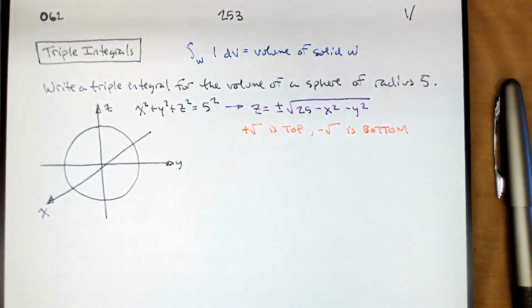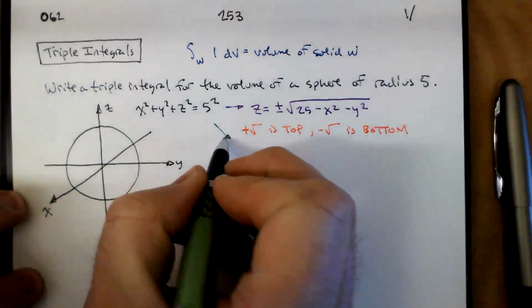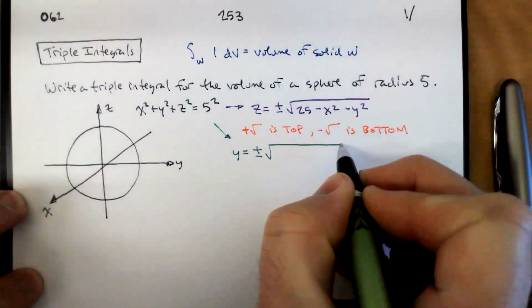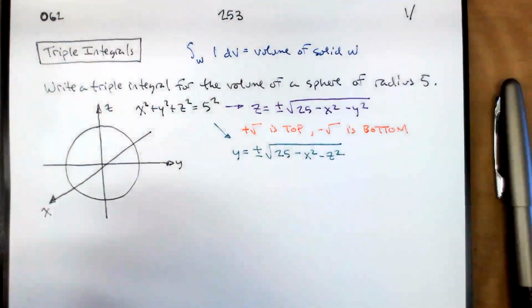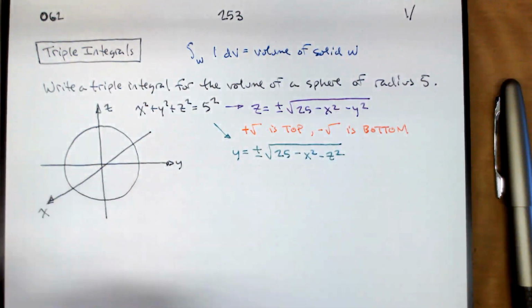We can also solve this for y and write y is plus or minus the square root of 25 minus x squared minus z squared. In this case, we look at positive and negative y. Positive y is going to be on the right side of the xz plane, minus the square root is going to be the left side of the xz plane.